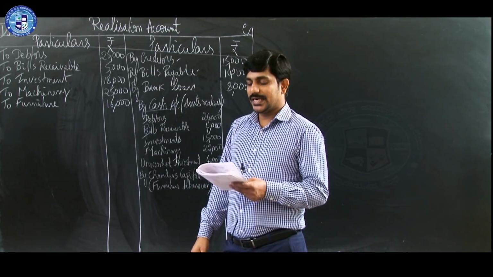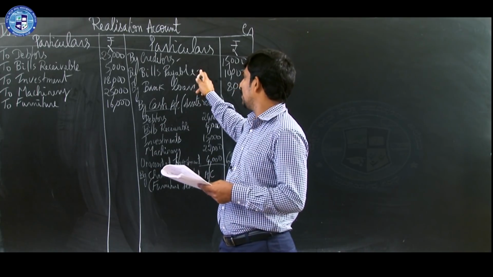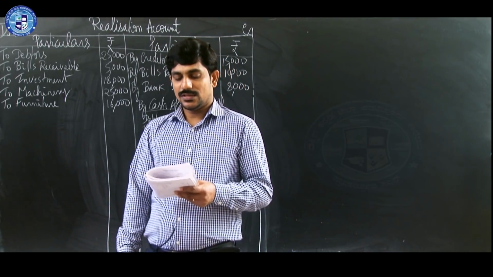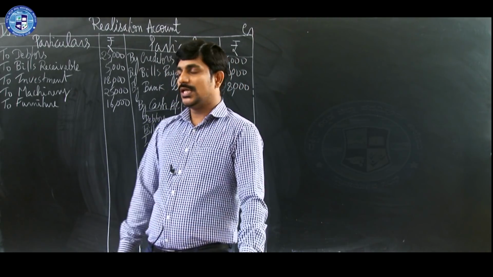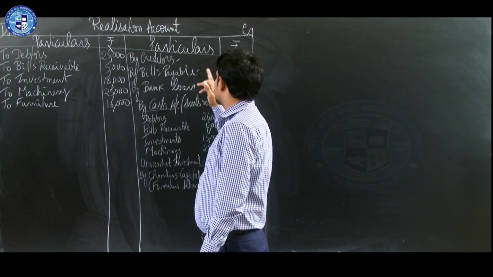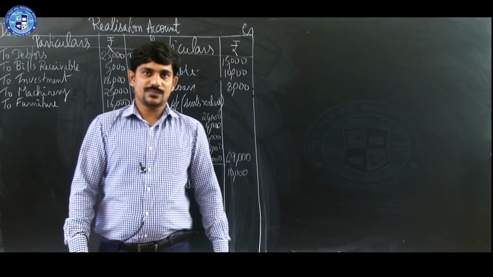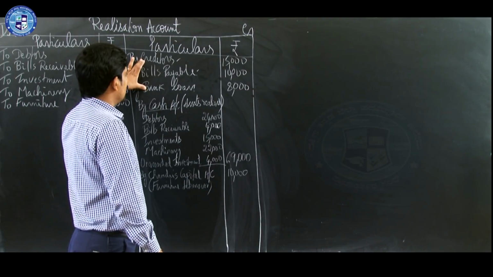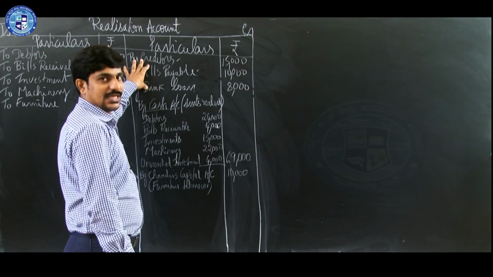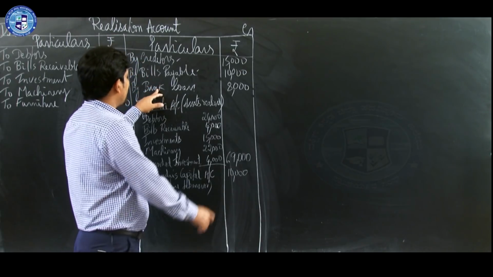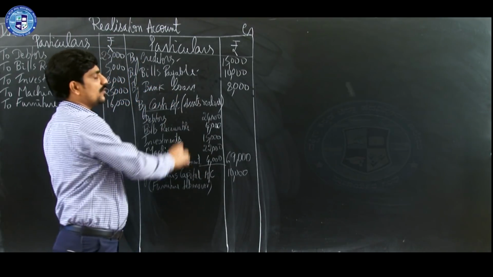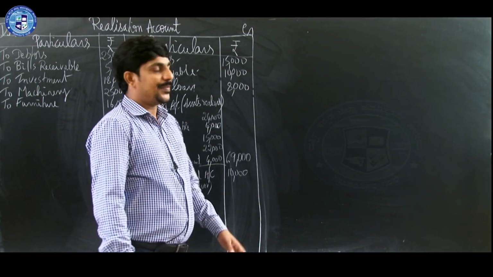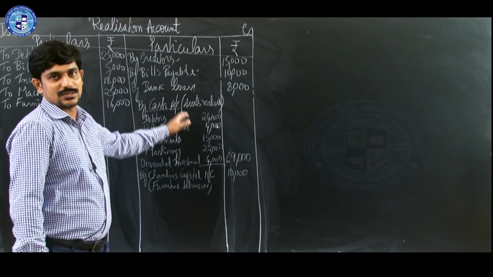Then no other information is given about liabilities. But when you look at the external liabilities, how many are there? 3 are there. But there is no information regarding bank loan. For bank loan, no information is given in the problem.